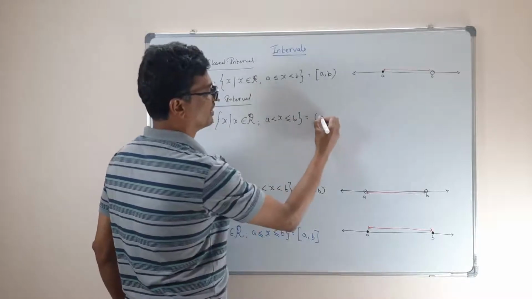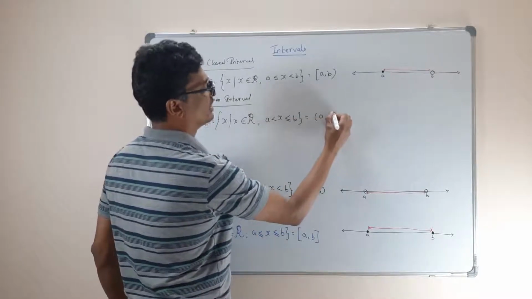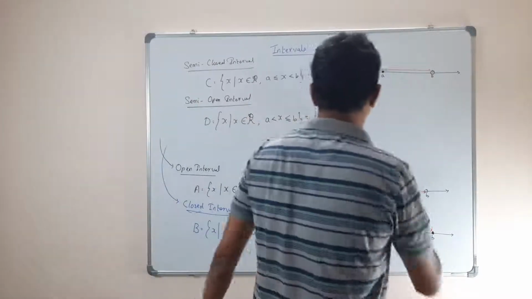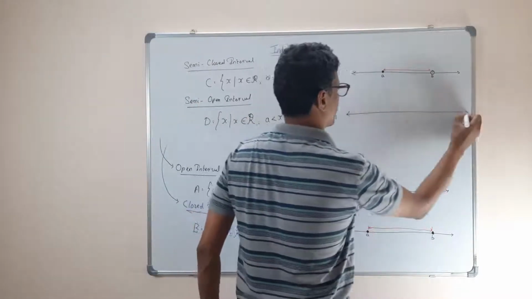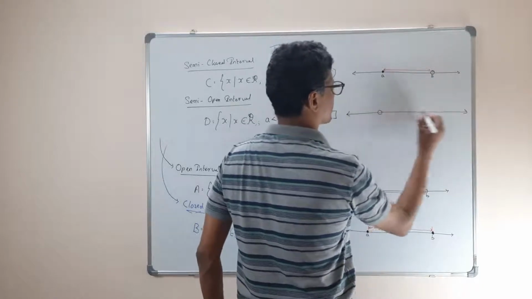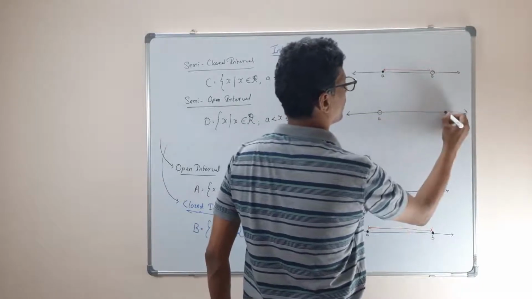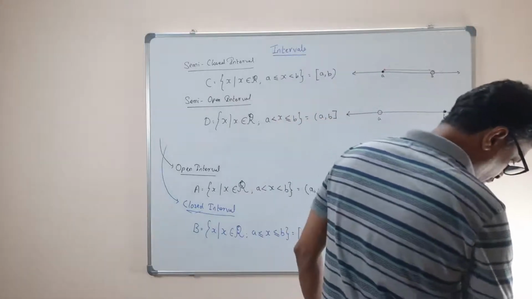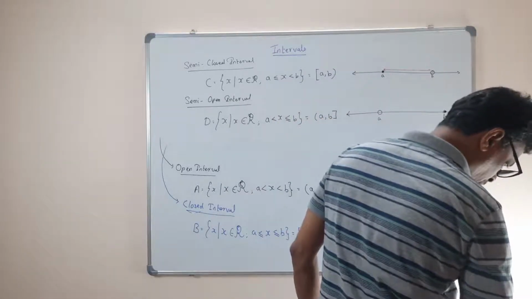A curved bracket, A, comma B, and a square bracket. The number line can be done the same way: a circle at A and a solid dot at B.